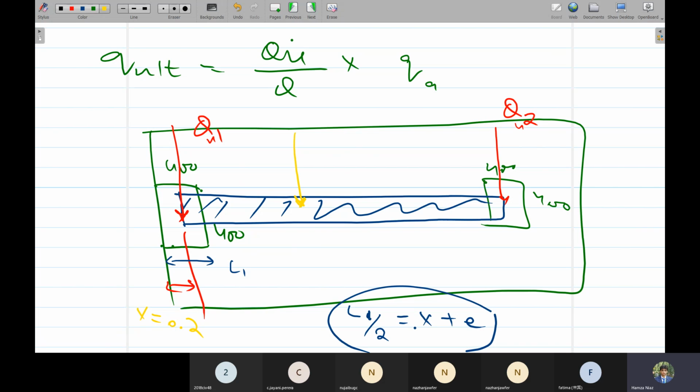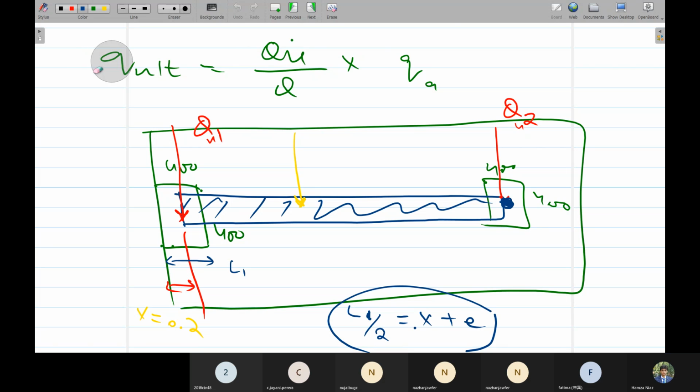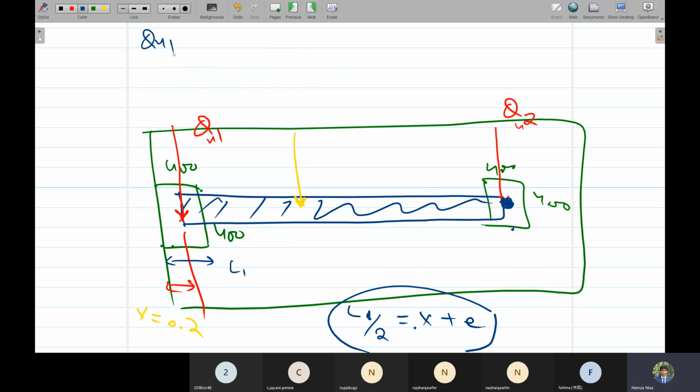If you take the loads about this column 0, the same procedure as before, that we are taking the loads about that column 0. So this would be QU1 into S bar.